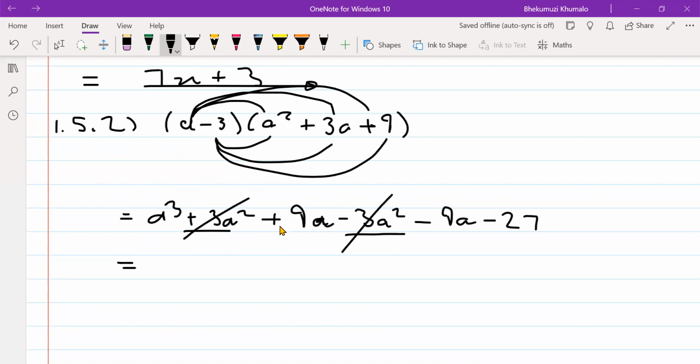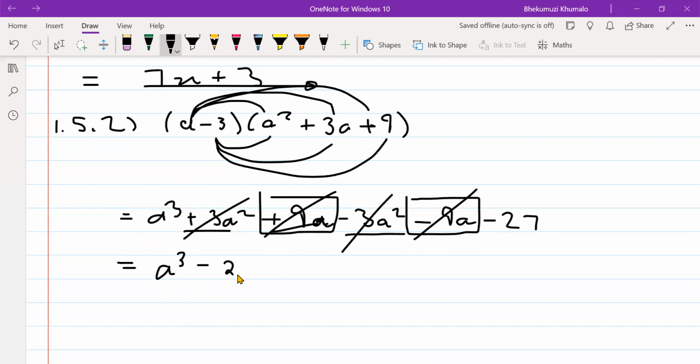And then we also have here positive 9a and minus 9a, so that also cancels each other out. And then you can see the only thing we're left with is a to the power 3 and minus 27. So it's just a to the power 3 minus 27. And basically we've just done 1.5.2.